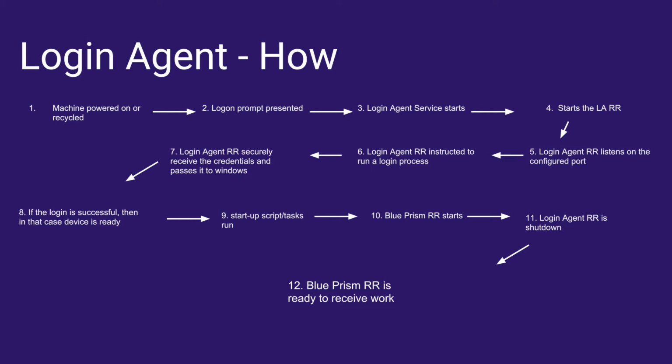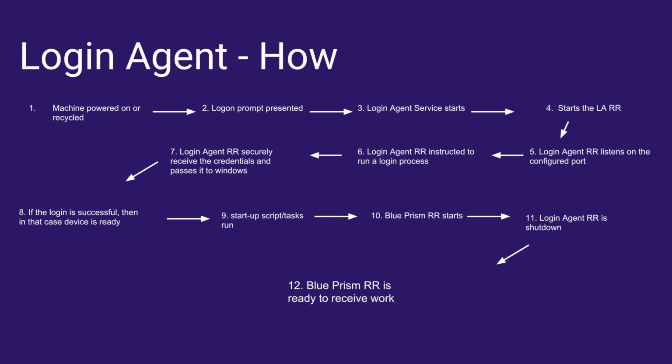If we start from number one, once any machine is recycled, number two is a login prompt being presented. While going through the flow, think about restarting your Windows laptop. Whatever screen is presented to you, try to understand it that way.